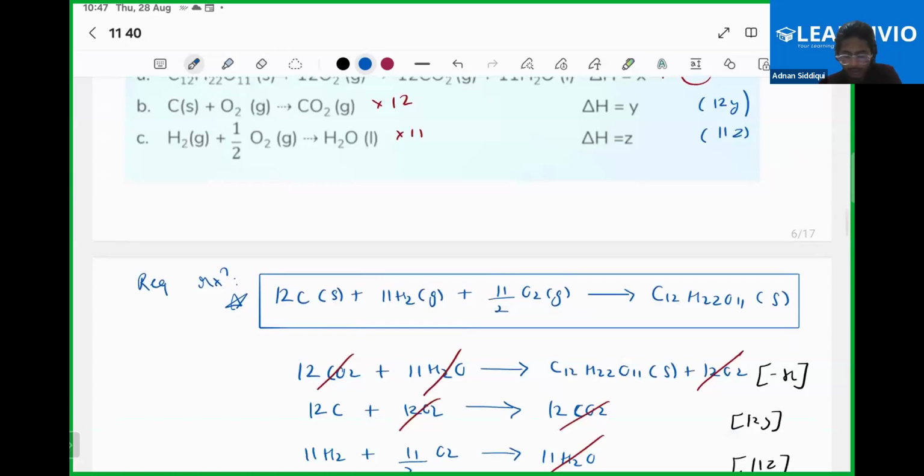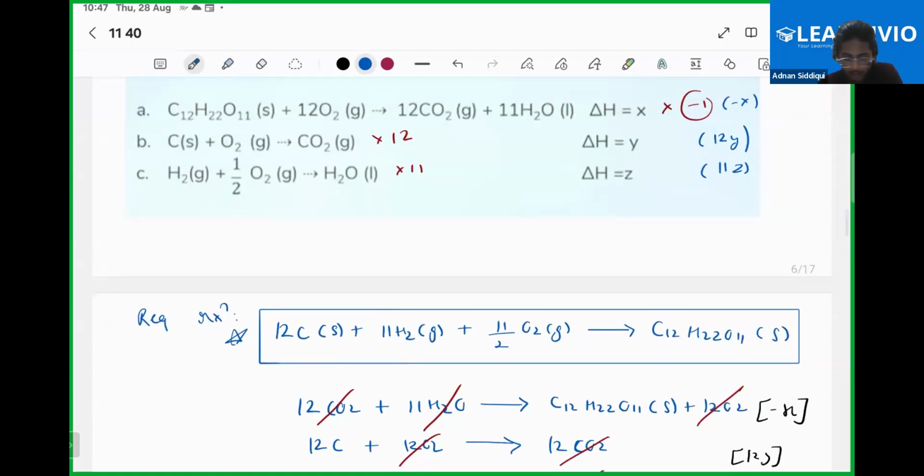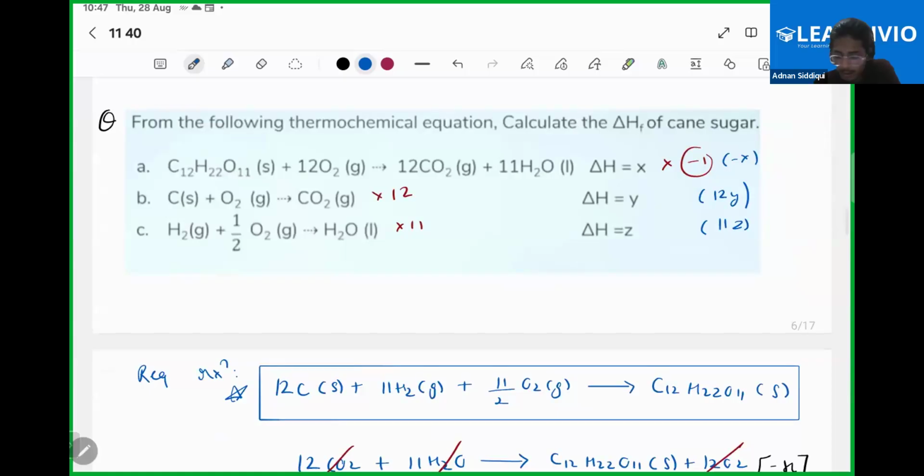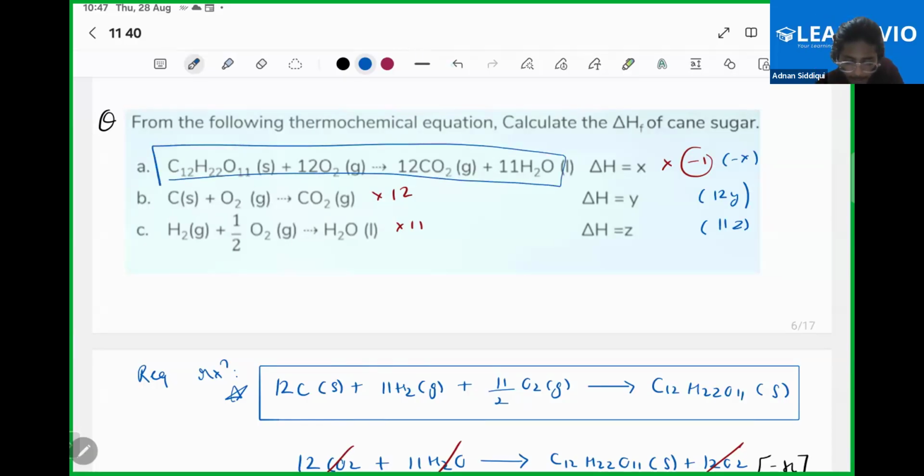To convert these equations into this one, the first step is I can multiply my equation x by a minus sign. If I multiply this equation by minus 1, what will I observe? My reaction will get reversed.